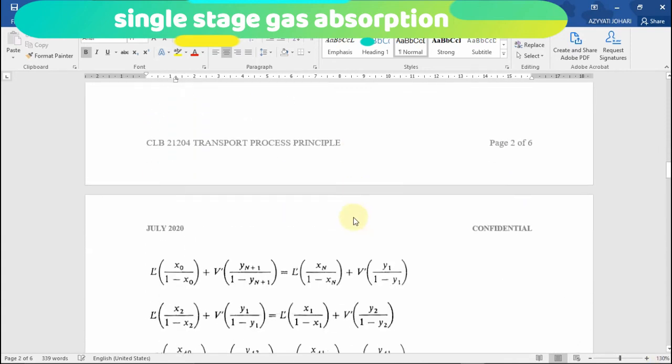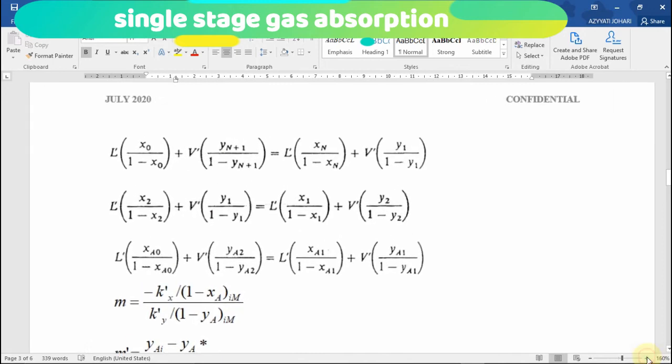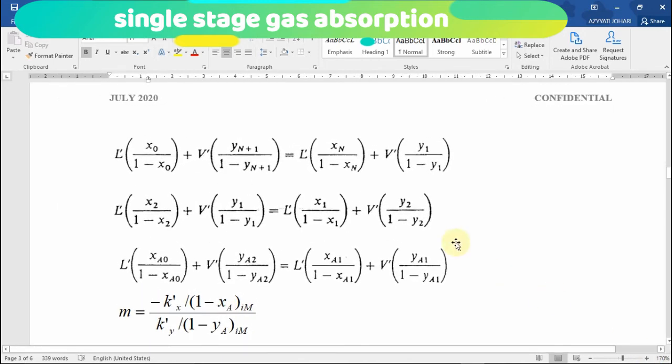Here you see there are three long equations, which refer to the material balance for three types of gas absorption. The first is for multi-stage gas absorption, because in multi-stage we have several stages, where the stage is referred to as n.